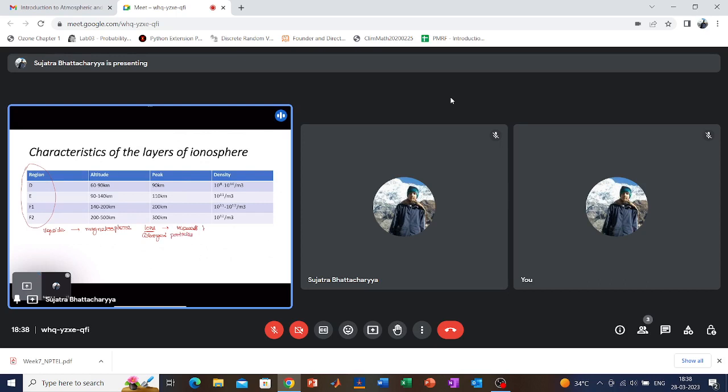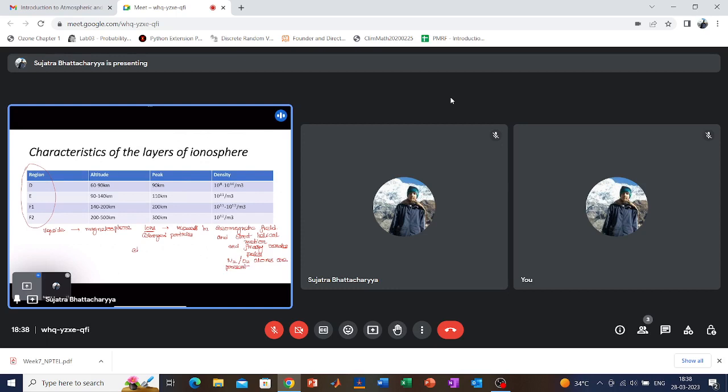So these charged particles move in the geomagnetic field. What is the geomagnetic field? Geo means earth, so the earth's magnetic field, and they start a helical motion and finally reach the poles. Now at the poles, nitrogen or oxygen atoms are present in the atmosphere.